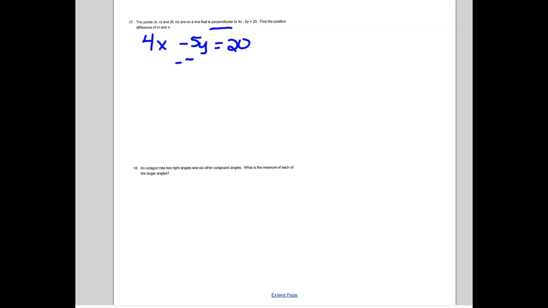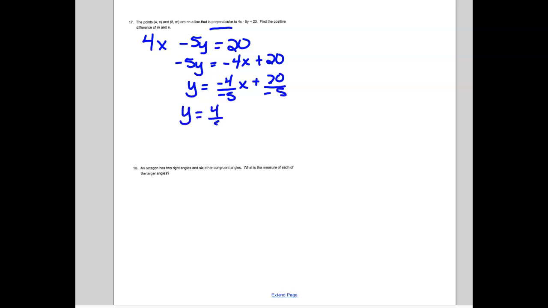I'm going to subtract the 4x to the other side and then divide out the negative 5. So we end up with y equals 4/5 x minus 4. So my original line has a slope of 4/5. That means my perpendicular slope is going to be negative 5/4.